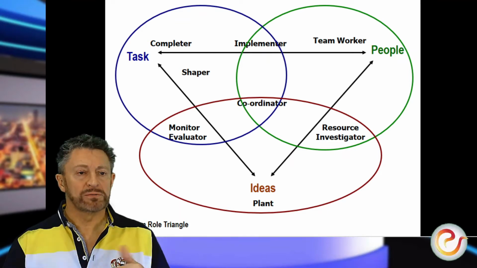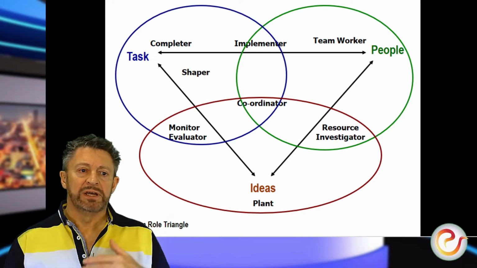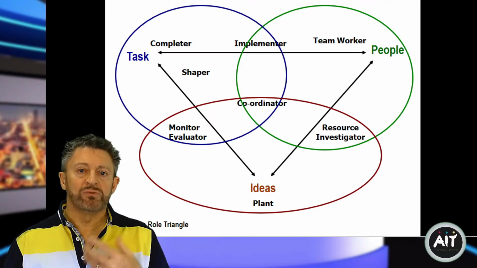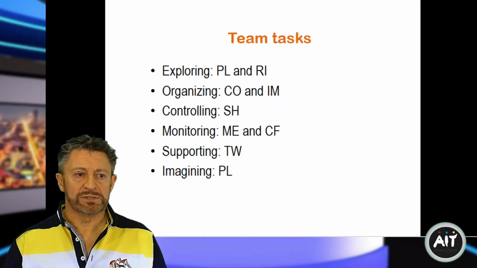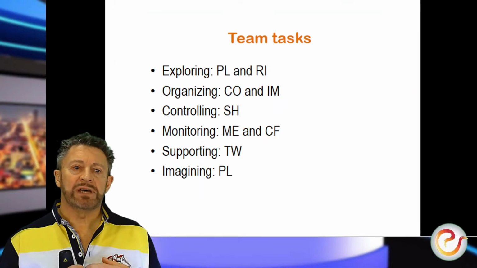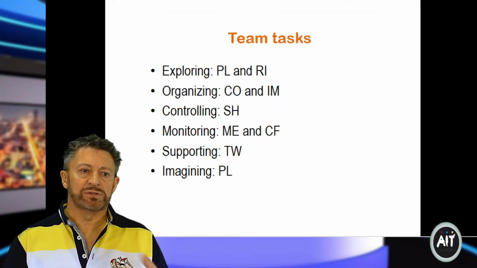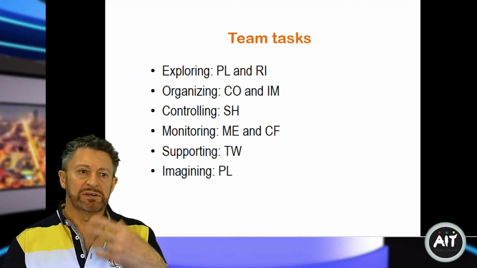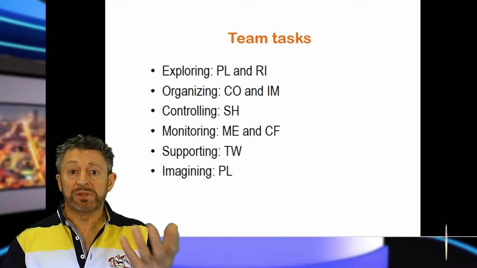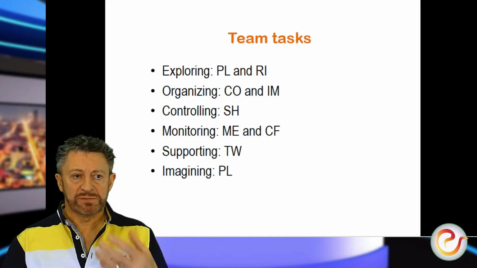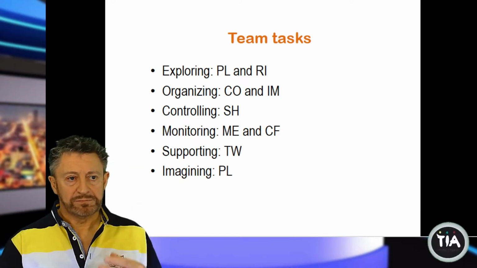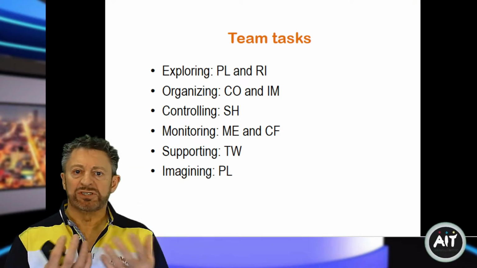And this will become important when I describe some of the perceptions and reasons for our behavior later on in this presentation. So you have team tasks. Generally speaking, the explorers are the resource investigator and the plant. Organizing, the coordinator and the implementer. The controlling is around the shaper.